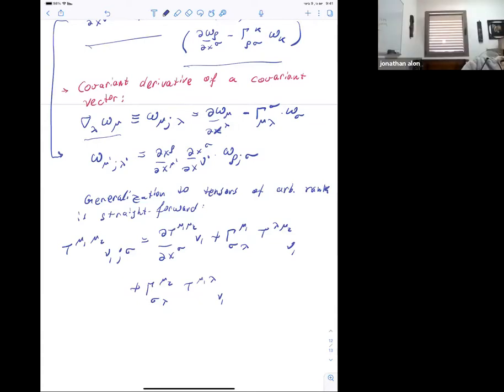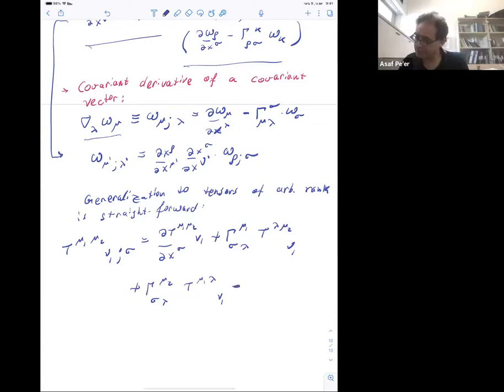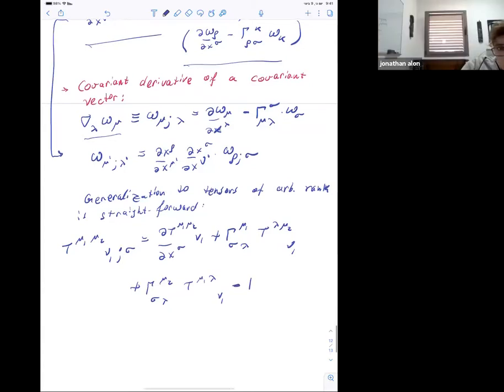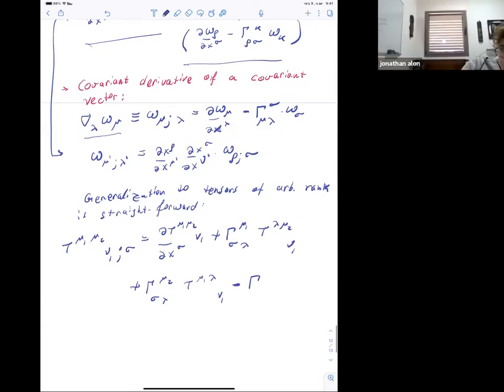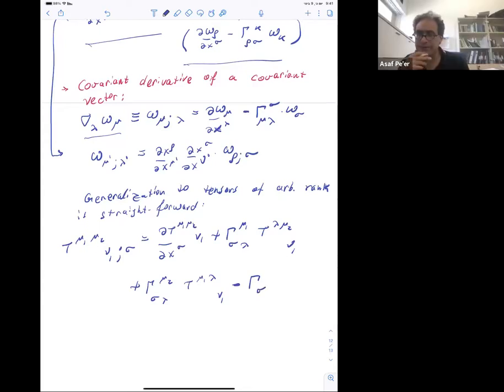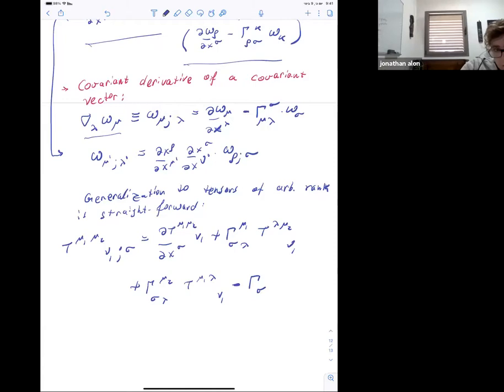The last term I put in, with a minus. It's a minus, right? What's going to be there? Gamma. What will be the indices in the gamma? Dummy index sigma, I think. So the down index will be sigma. What will be the second down index? A new one, that's right.